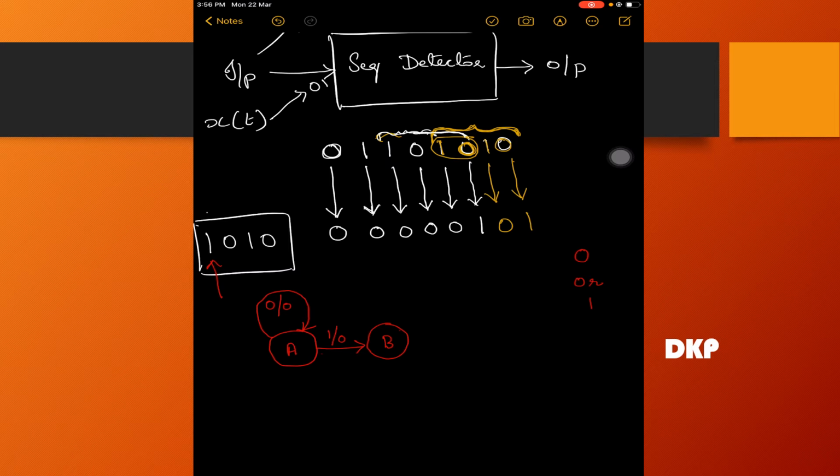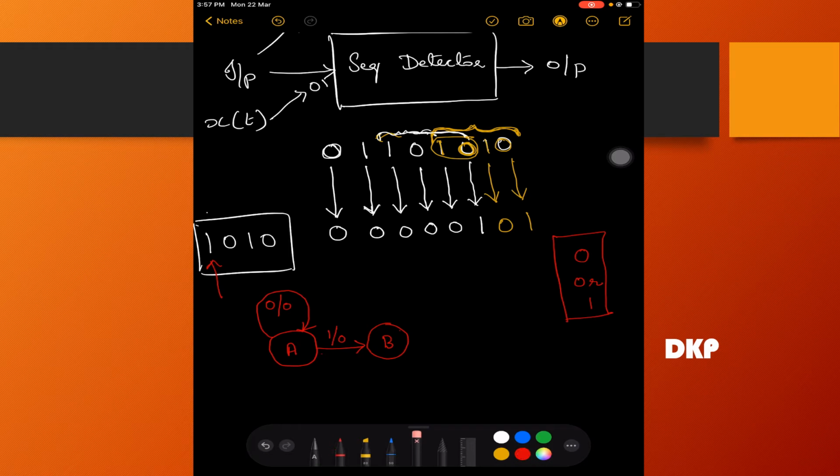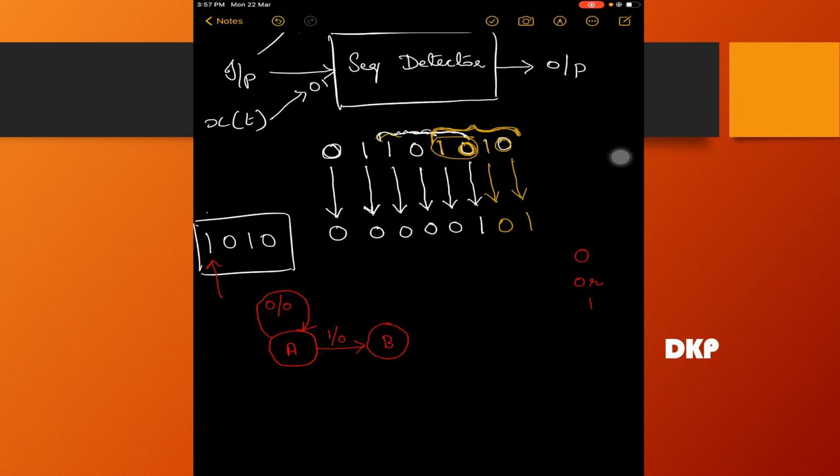Now, the machine is in state B. The machine may receive a 0 or a 1 bit. Again, either it can receive a 0 or it can receive a 1 as the input. If the bit is a 0, the machine goes to the next state.